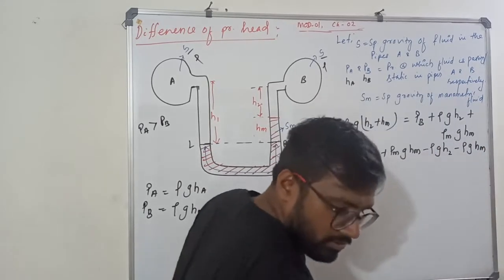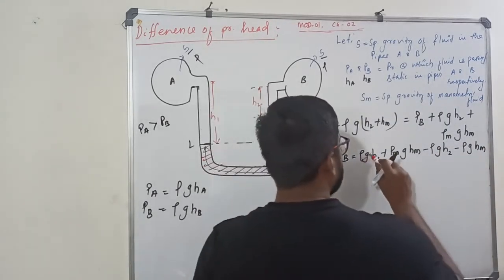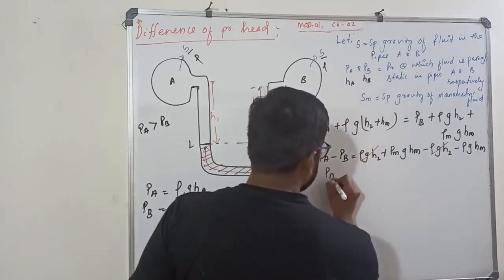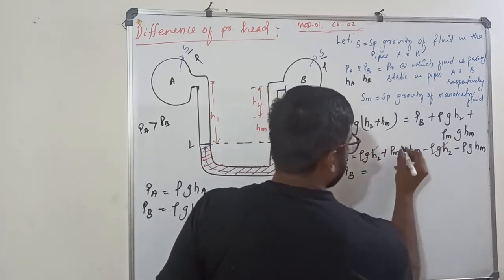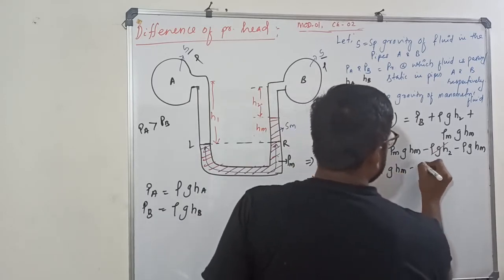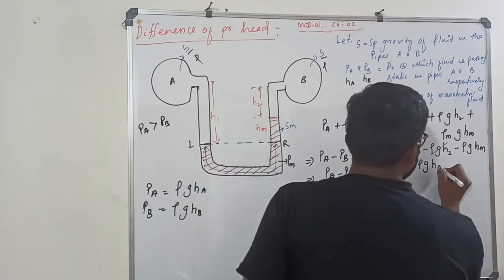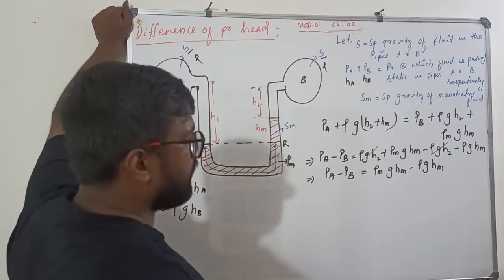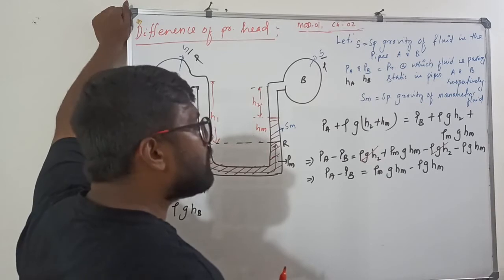So what you are seeing, sir? Rho G H2 cancels. So this implies PA minus PB is equal to rho M G HM minus rho G HM. So now what we'll do, sir?